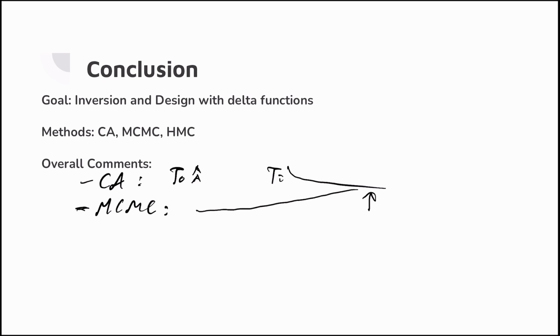Overall, you can appreciate the information you receive from MCMC. I think it's very useful to have distributions. It would absolutely aid design a lot. But that time cost is problematic. Very large time cost.